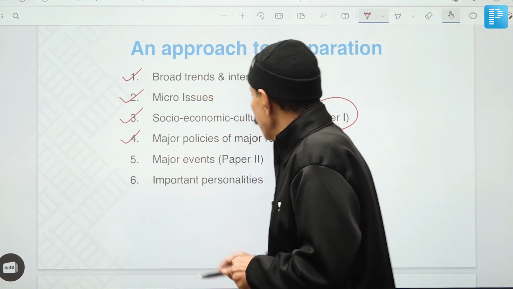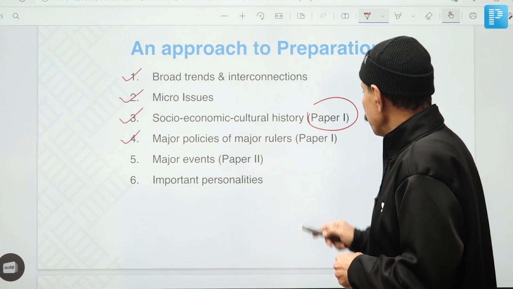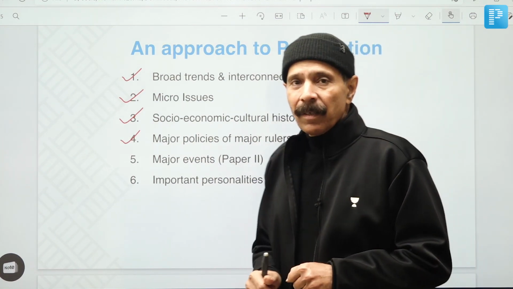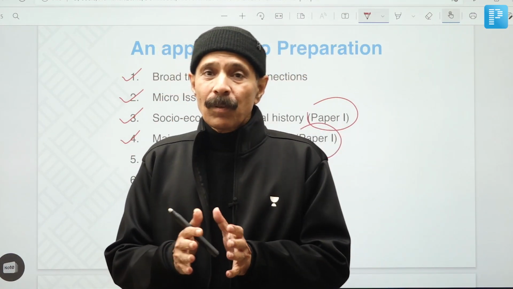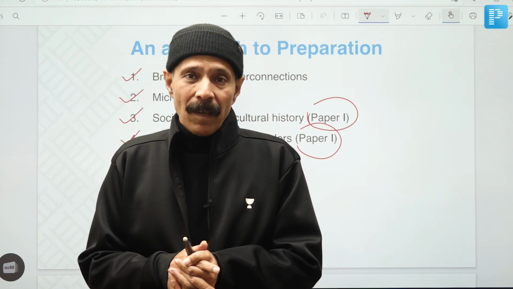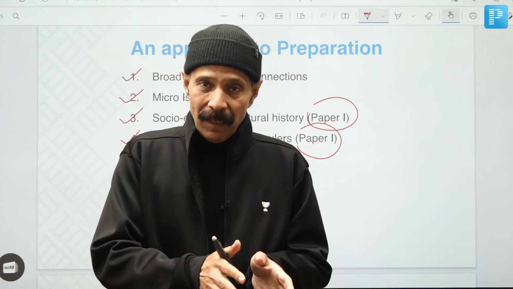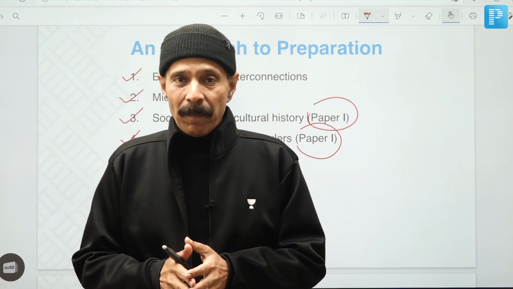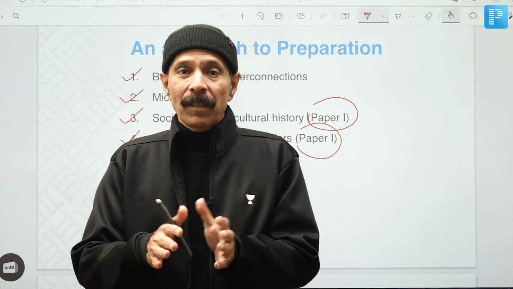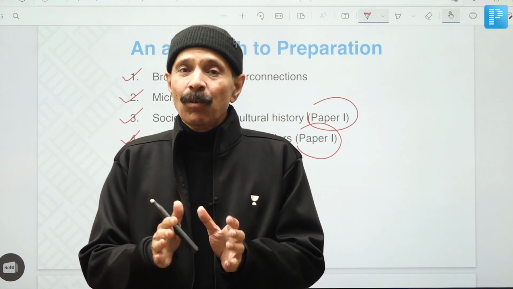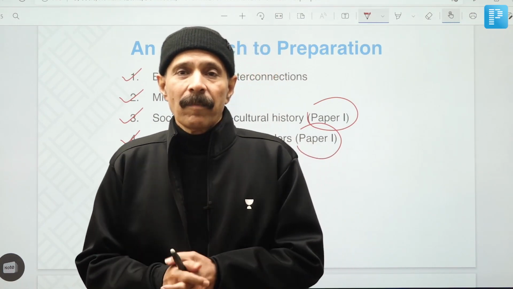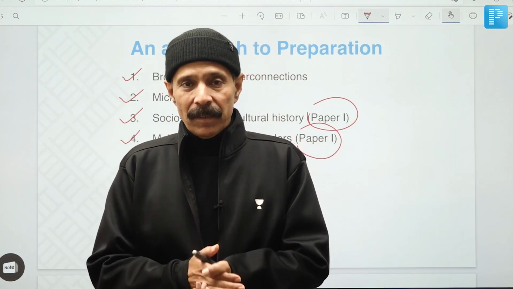Number 4, major policies of major rulers in paper 1. This is also one important theme. In ancient Indian history and in medieval Indian history, there are many rulers, but among them, just a few are important, major ones. Like in ancient Indian history, mainly Ashoka. So Ashoka and his policies.